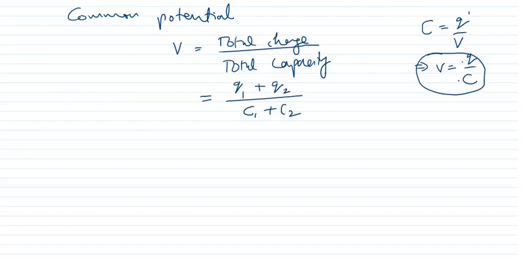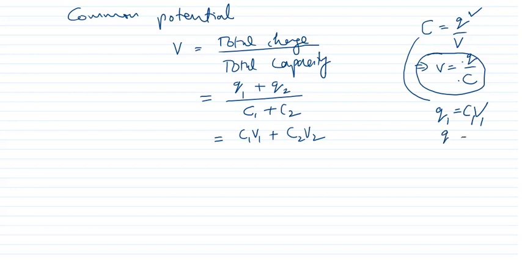Now we have to put the value of Q1 and Q2. Again we will use this formula, C is equal to Q upon V, Q is equal to C into V. So for capacitor 1, potential was V1, and Q1 will become C1 V1.